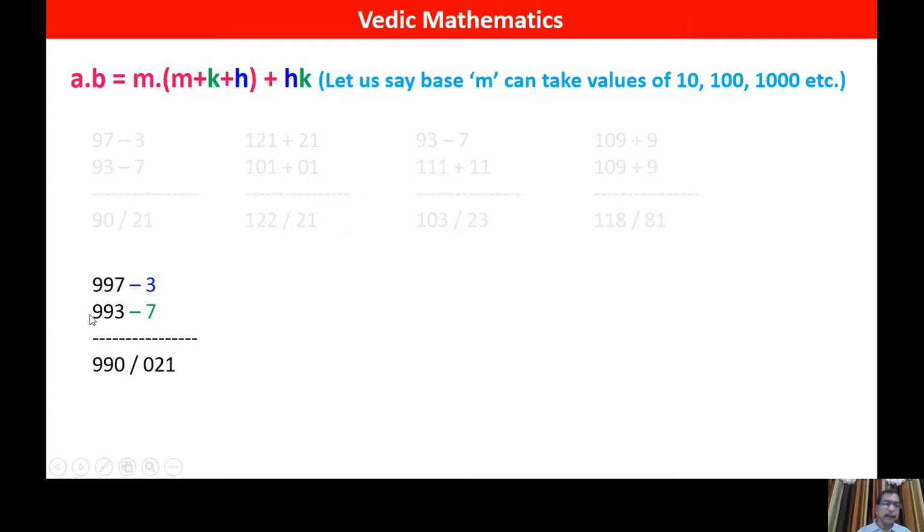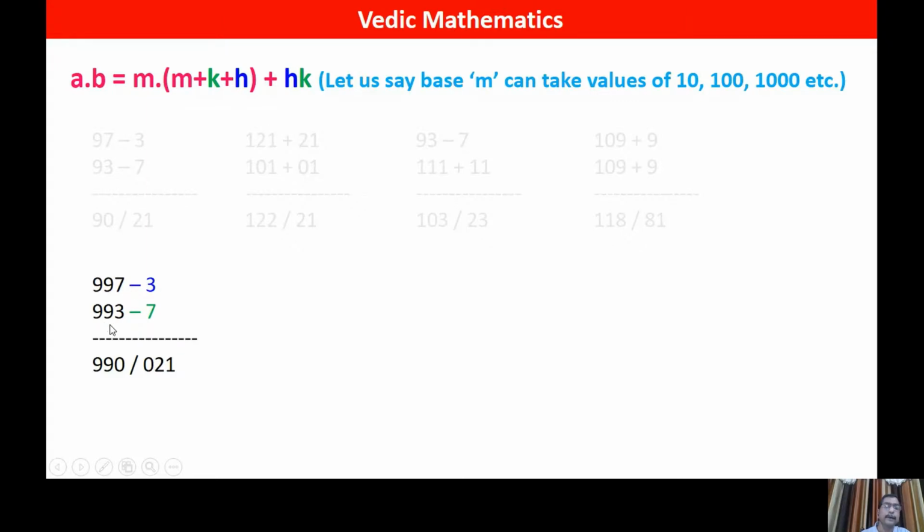Similarly, now we are coming to a bigger number where you say 997 multiplied by 993. What is happening? You see, 993 is less by 7 than 1000, and 997 is less by 3 than 1000. So here we put minus 3, here we put minus 7. Now the base is 1000.